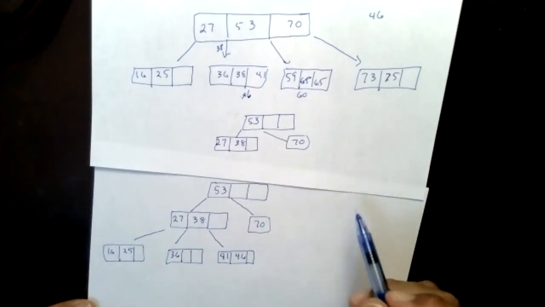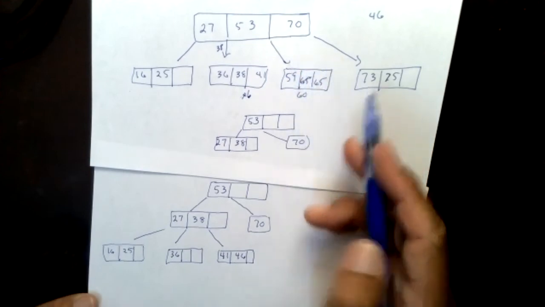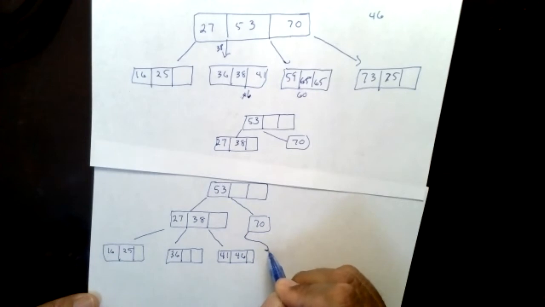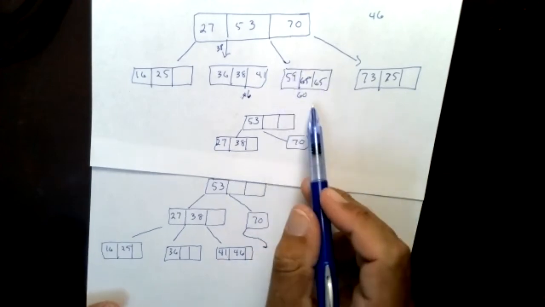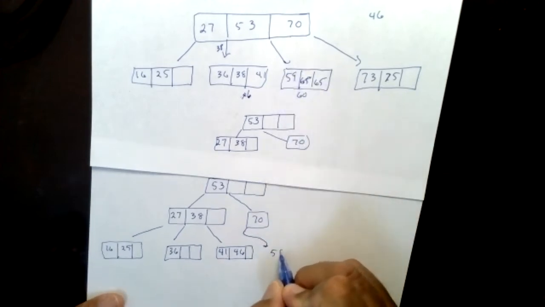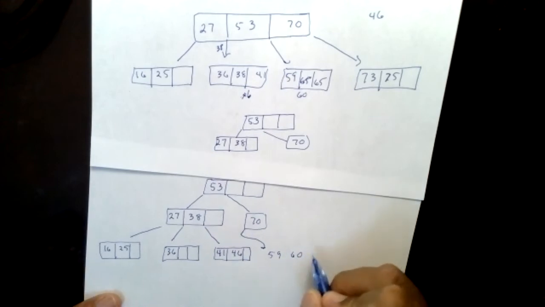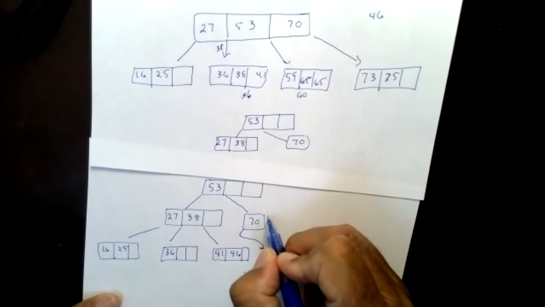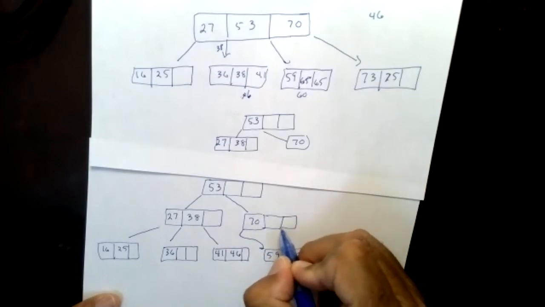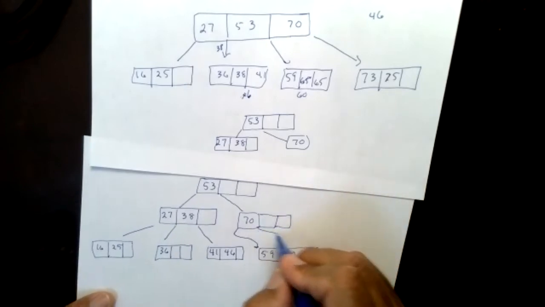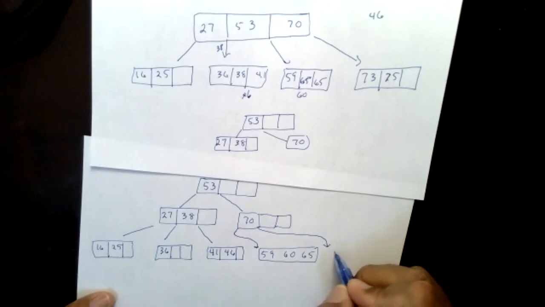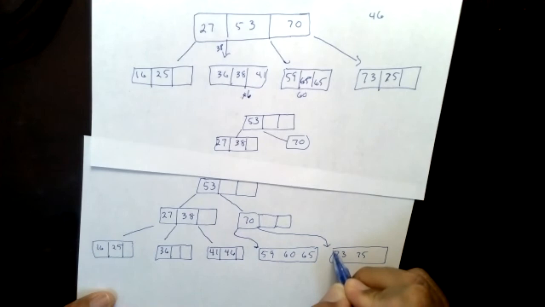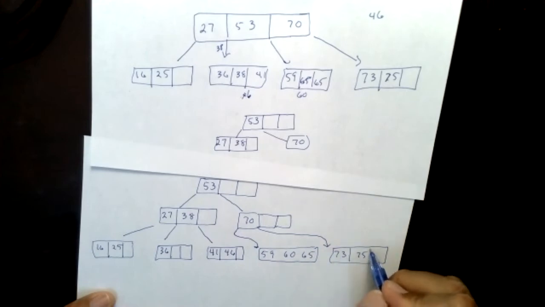Still have a null coming out of there. Here's my 70. Okay, to the left of 70, which I kind of ran out of room, is still going to be my 59, 60, and 65. And to the right of 70 is going to be my 73 and 75.